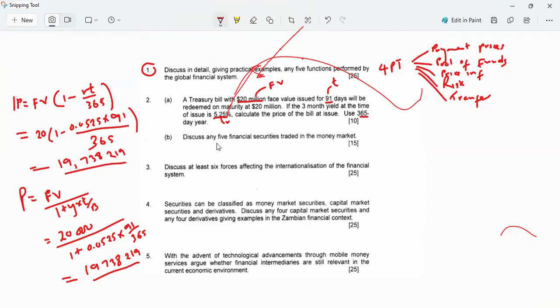So discuss any 5 financial securities that are traded in the financial market. We've been talking about what are they? 5 securities that are traded in the financial market. CCTBR.